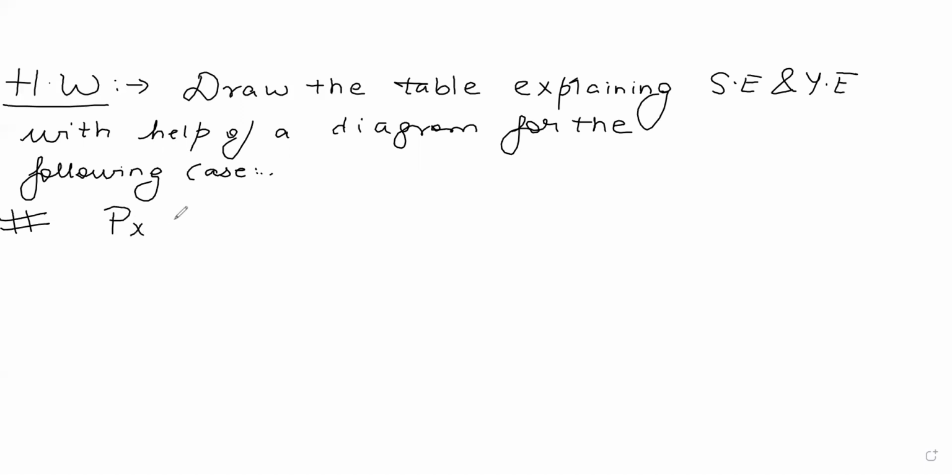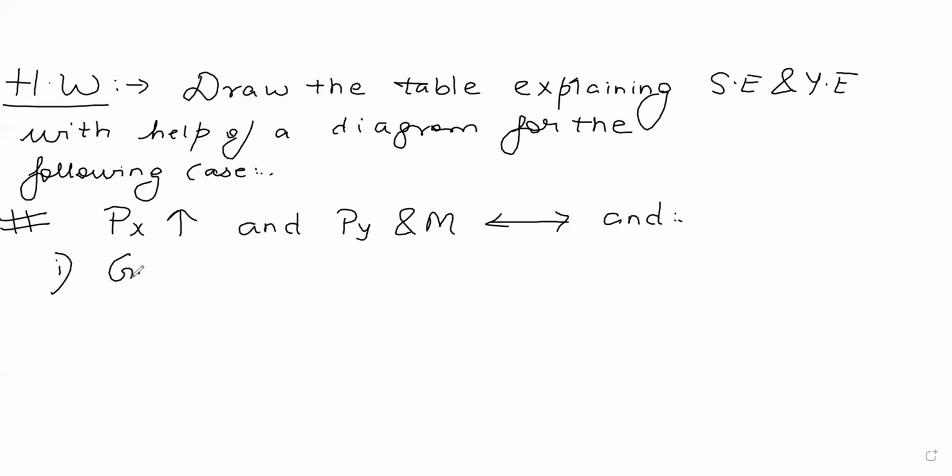Price of good X rises and price of good Y and income are constant, and within this, case 1, good X and good Y both are normal goods.